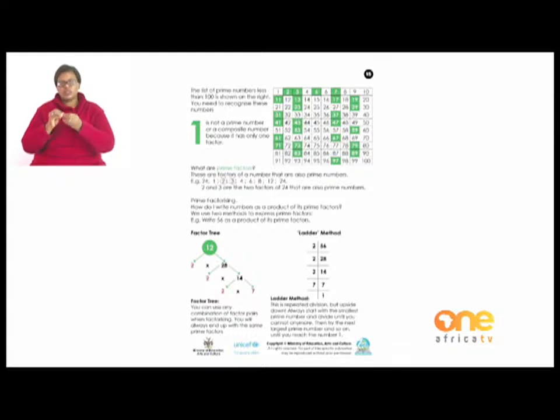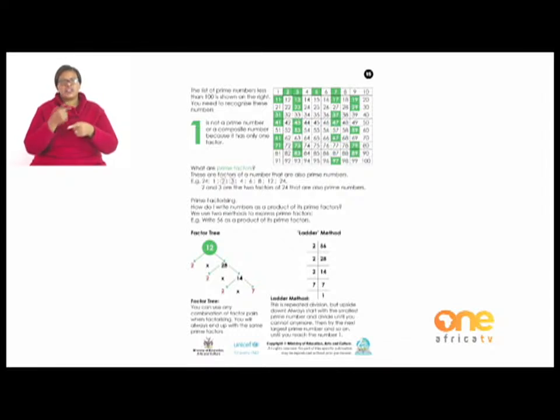Some are shaded in green. You need to recognize these numbers. First, you need to know that 1 is never a prime number and is never a composite number, because it has only one factor, which is itself.